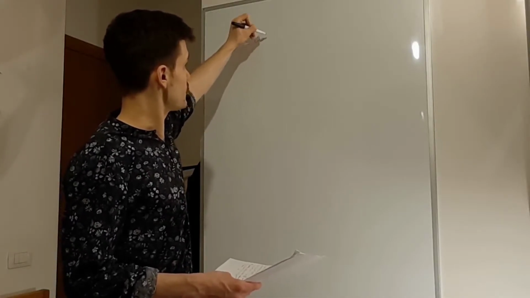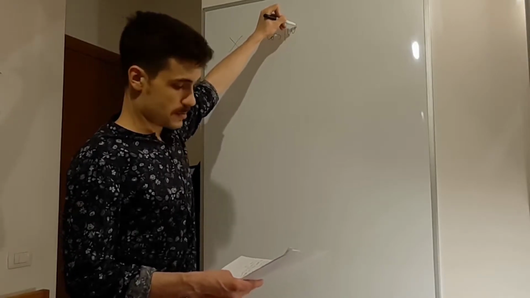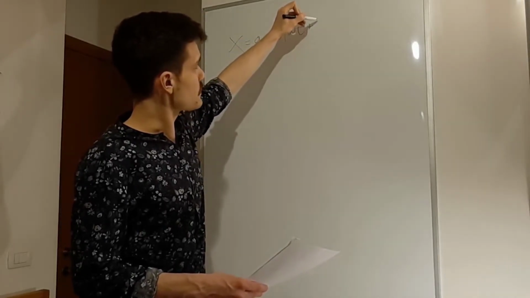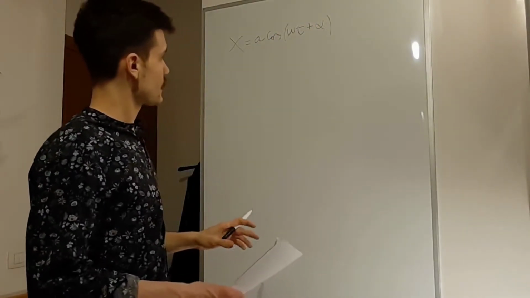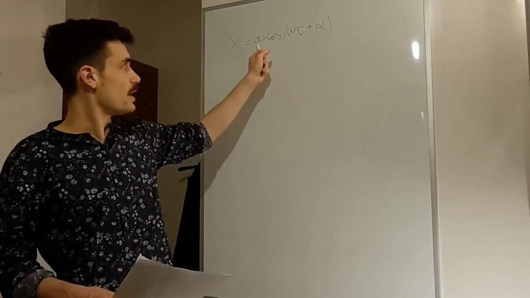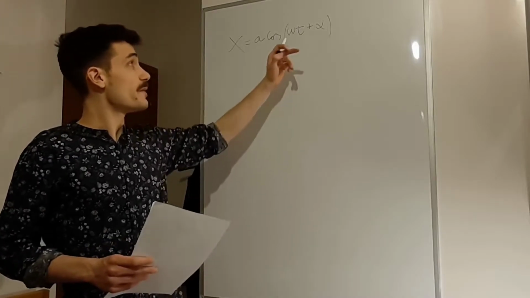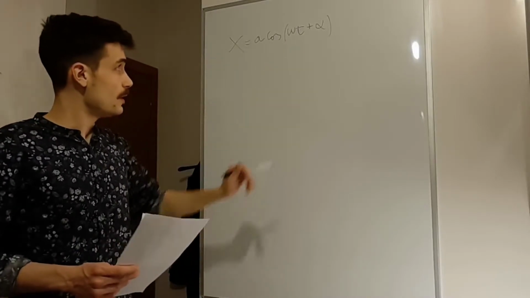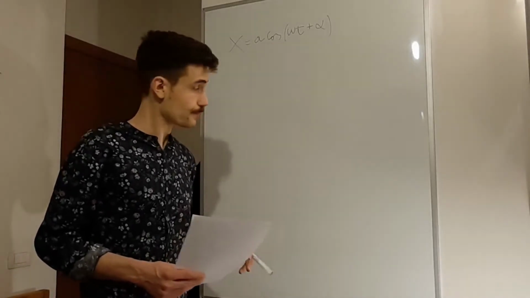It can be written as a cosine of omega t plus some kind of phase. So it will be an oscillation, where I will have an amplitude, a phase, my time dependence, and also the frequency.